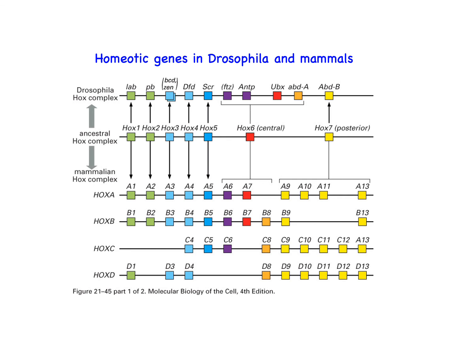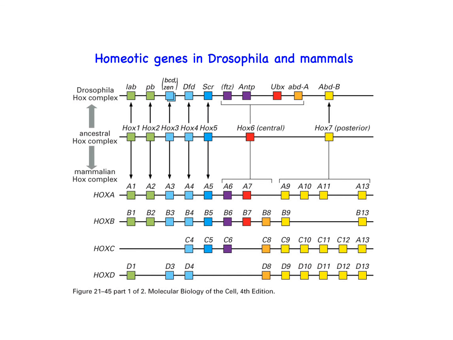As a general rule, we often see more copies in the more complex organisms like humans, and in this case there are four copies of the homeotic genes. There's a lot of redundancy built into that, but there are also some slight differences in the homologous genes from one copy to the next.